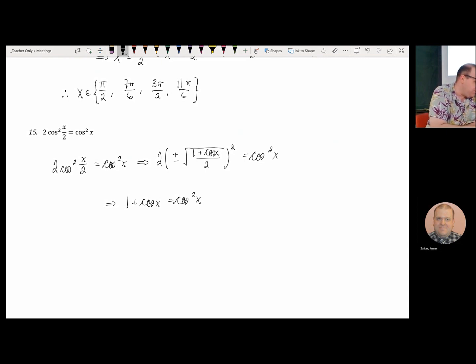One plus cosine is equal to cosine squared. Cosine squared minus cosine minus 1 is equal to 0.